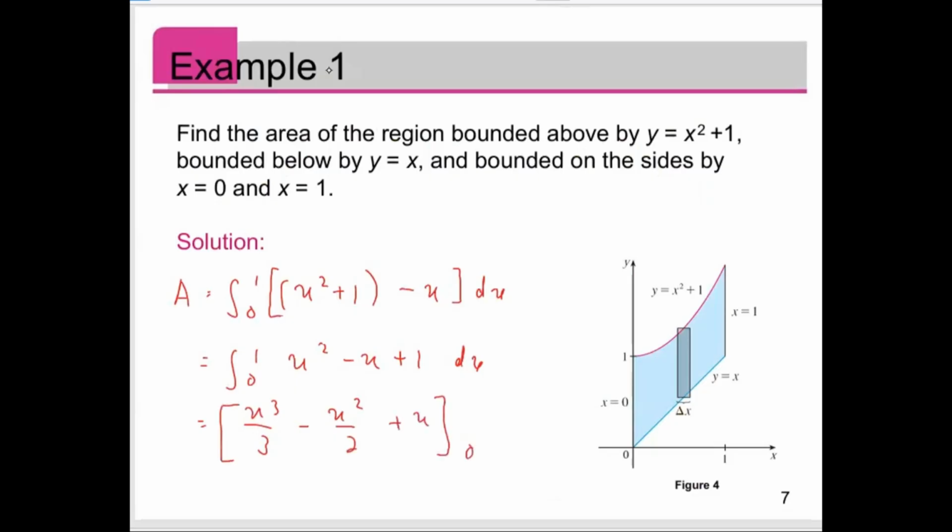Of course you just have to plug in when x equal to 1, because when x equal to 0, all the terms that we have inside here are zeros. All right, so this one I think you can do the calculation on your own, and you'll get that the answer is 5 over 6. As easy as that.